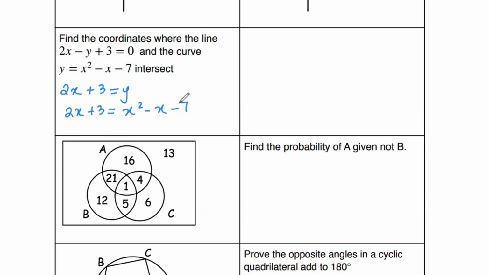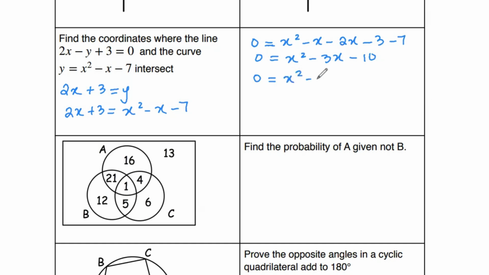So now we bring all of the terms to one side. So it's going to be 0 equals x squared minus x minus 2x minus 3 minus 7, which is x squared minus 3x minus 10. We have a quadratic equation which we're going to factorize. So that's going to be x squared minus 5x plus 2x minus 10.